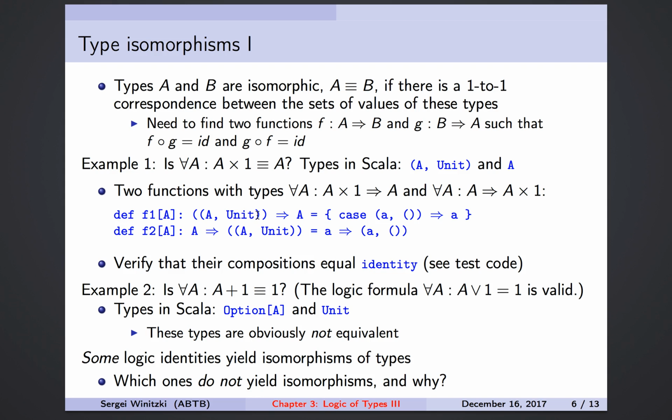So taking the tuple, going to A, going back to the tuple gives you again the same tuple, and vice versa. Getting an A into a tuple and then stripping away the second part of the tuple again gives you the same A. So it's kind of obvious that both directions of the composition give identity functions. Let us look at test code that implements this.